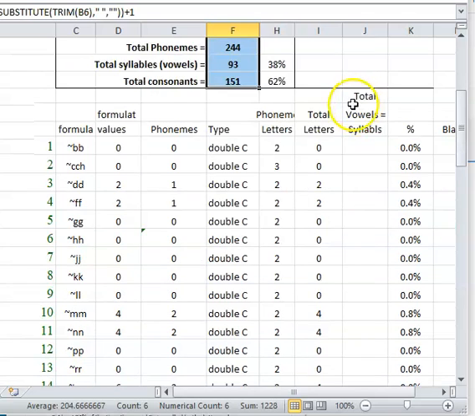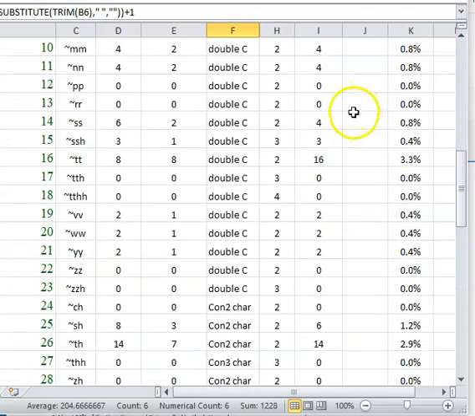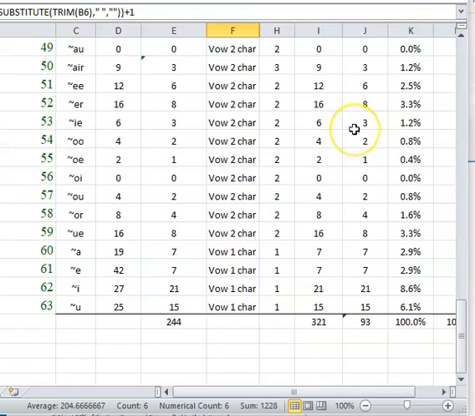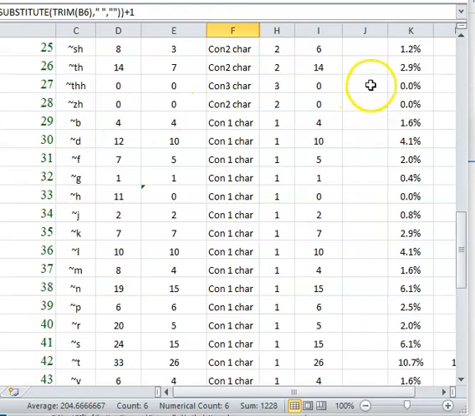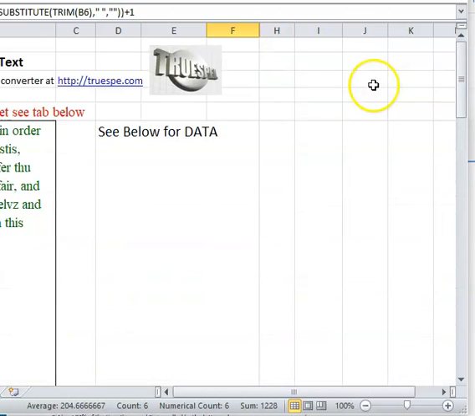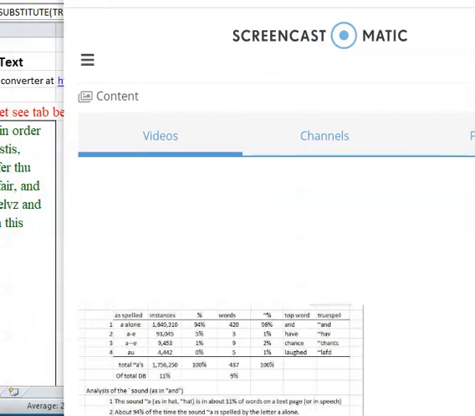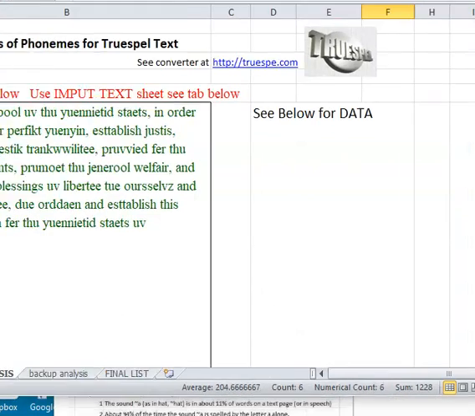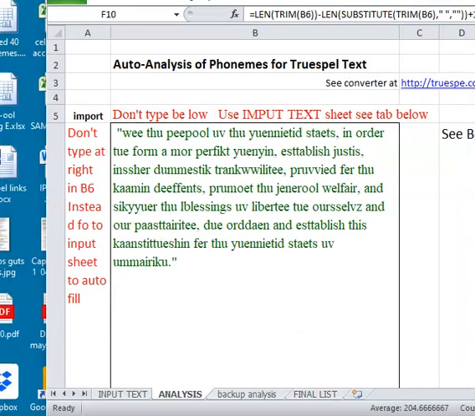And here is an analysis, scrolling down, of the percentage of each. That's the database, and the percentage of each vowel and consonant. There's the vowels down here, and the consonants up above. So that is a new tool that I use to analyze Truespel phonetics.